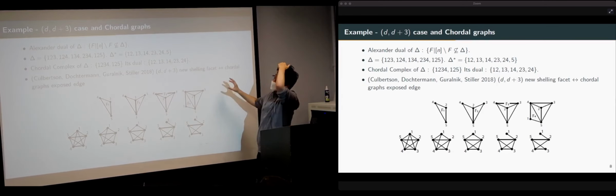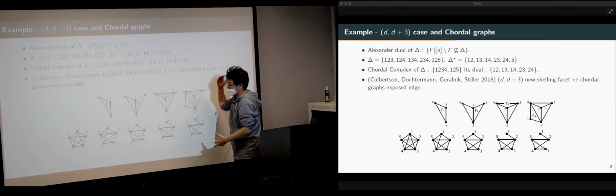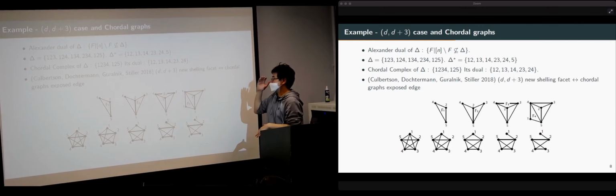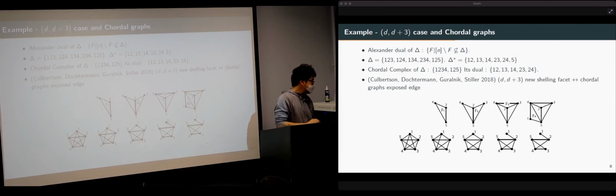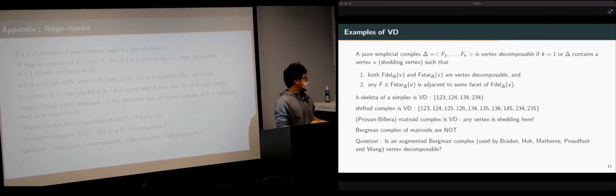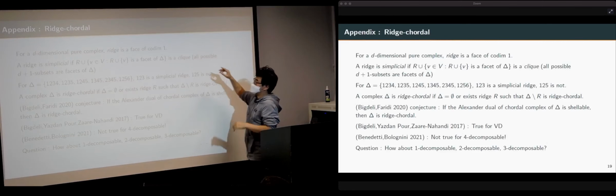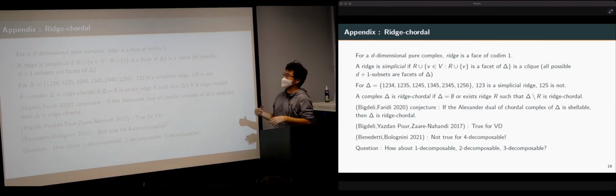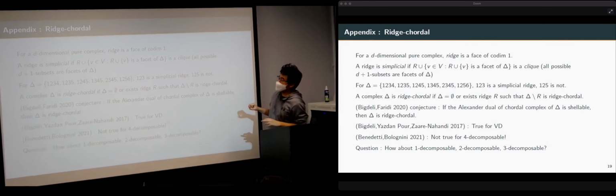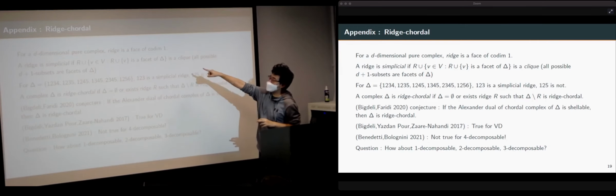Another way to think about Simon's conjecture is to look at this dual picture and try to shed off faces that satisfy a certain condition. Based on that, this notion of rich chordal was defined. A ridge is a face of codimension 1, so basically it's what connects the two facets. We say that a ridge is simplicial if it is very dense outside.